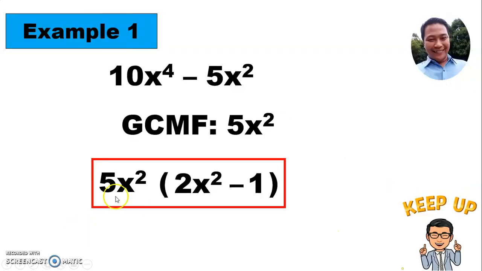So if we multiply 5x squared by distribution to this quantity, we will have 5x squared multiplied by 2x squared, it's 10x raised to the 4th power. 5x squared multiplied by 1, it's 5x squared. So our factors here are correct. Let's have another example.